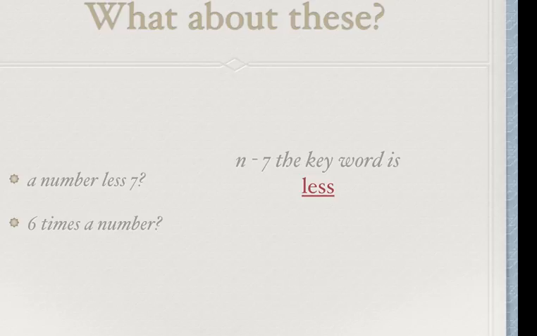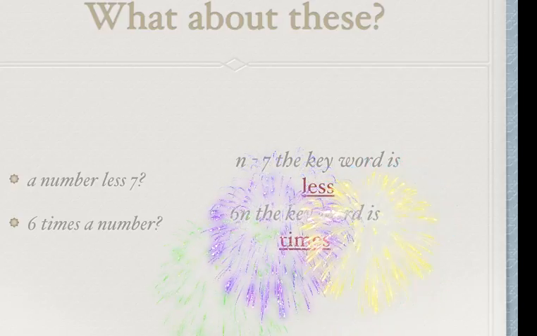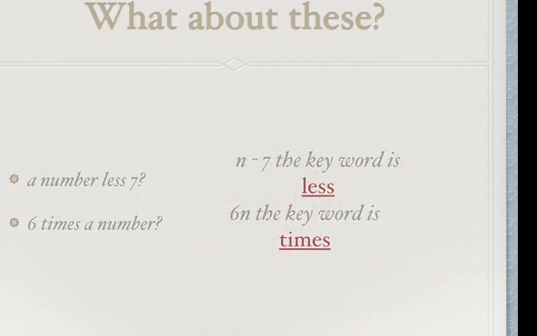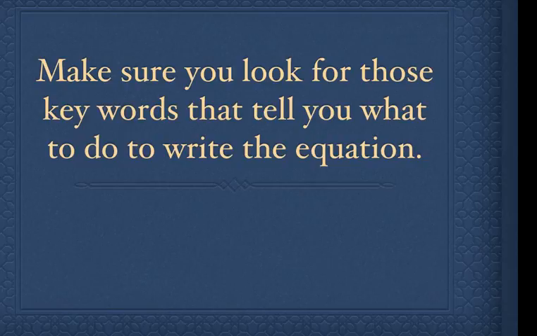So a number is less than 7, so that number is less than 7, basically. 6 times the number, 6n, the key word is "times." Make sure you look for those key words that tell you what to do to write the expression.